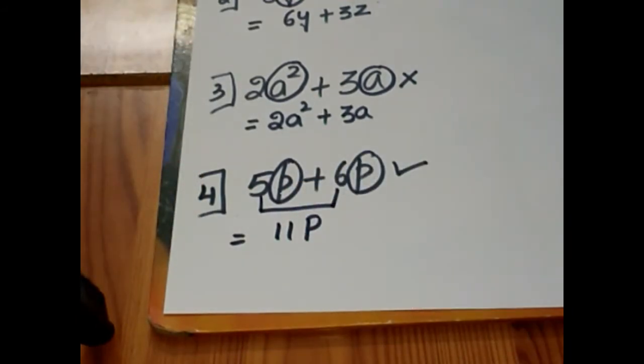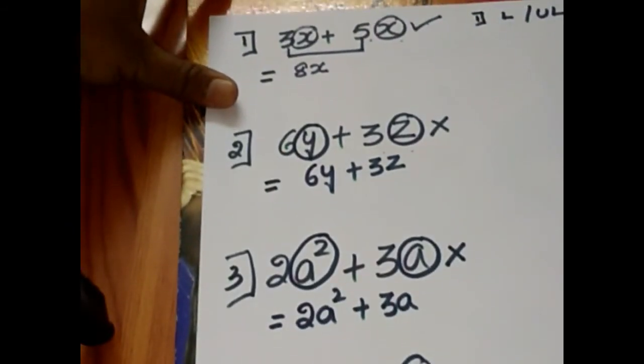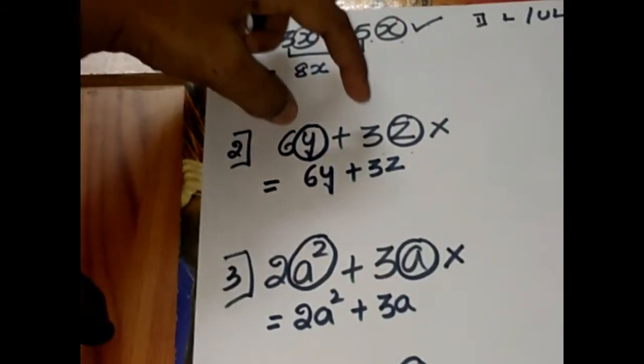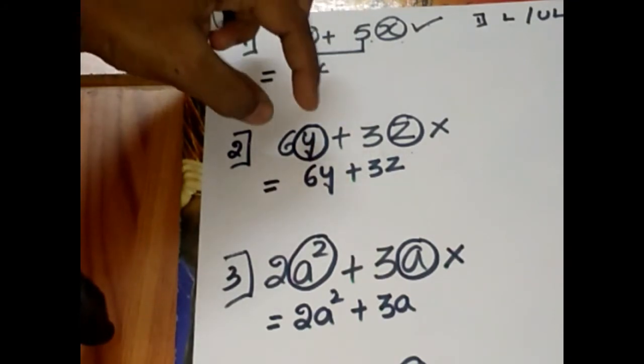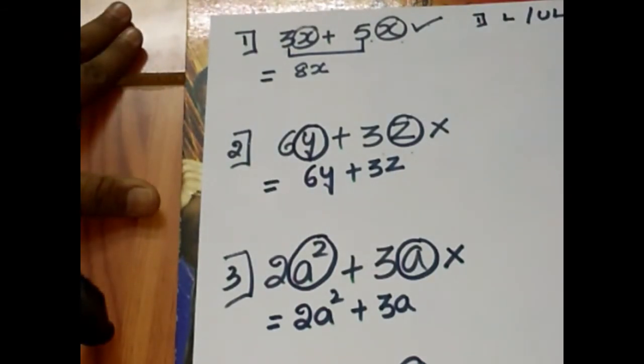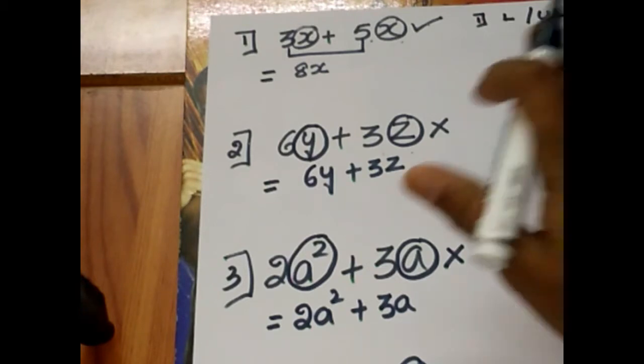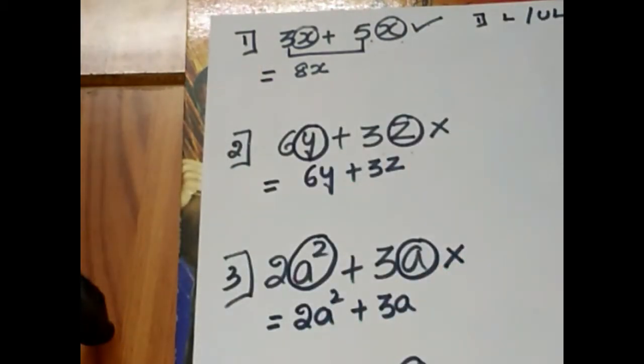So with these four examples, I hope you are very clear that if the given terms are like terms, add the numerical coefficients and keep the solution along with the given variable. If the given terms are unlike terms, we cannot add the numerical coefficients. Write the given terms with the plus sign. Same procedure we follow for subtraction also. So to make it brief, addition and subtraction of algebraic expressions can be made only with like terms but not with unlike terms.